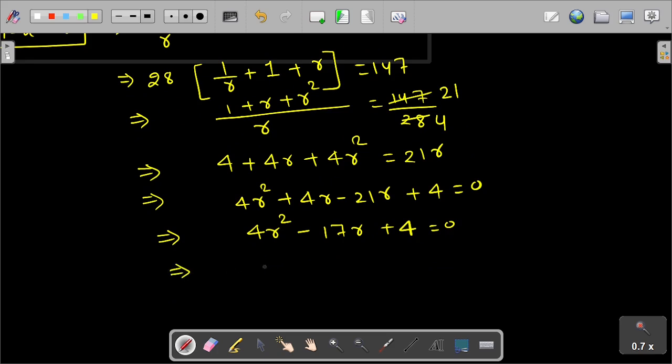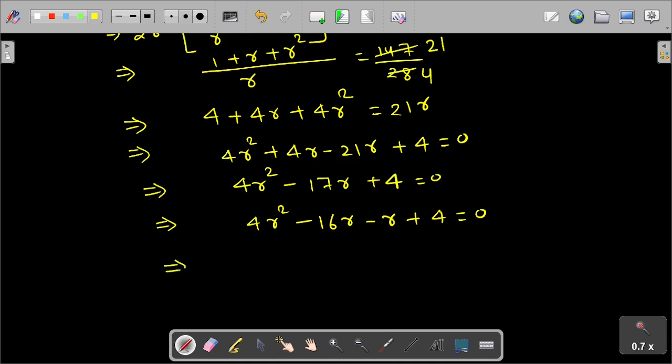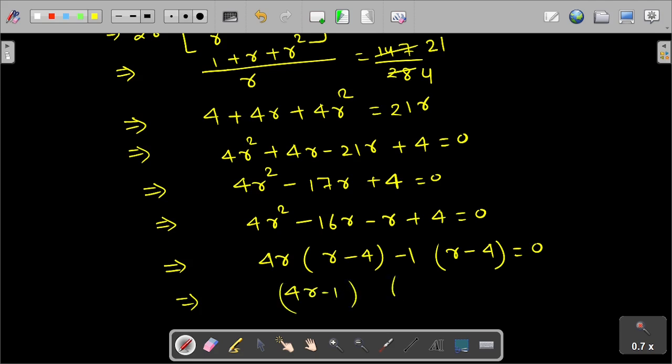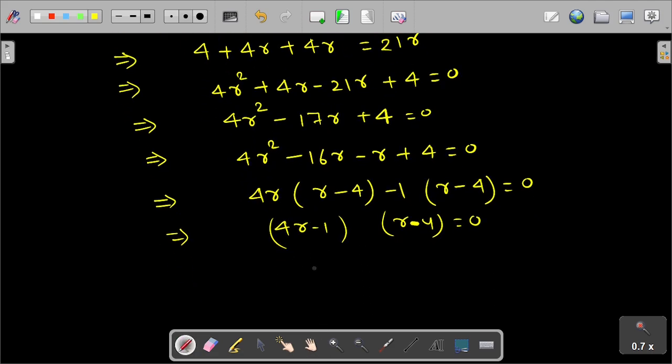It's very simple: 4r² − 16r − r + 4 = 0. I hope you are getting how I am factorizing this. From here 4r will be common, so you get (r − 4), and here −1 will be common, so you get (r − 4) = 0. So from here you get (4r − 1)(r − 4) = 0. So either r = 4 or r = 1/4.